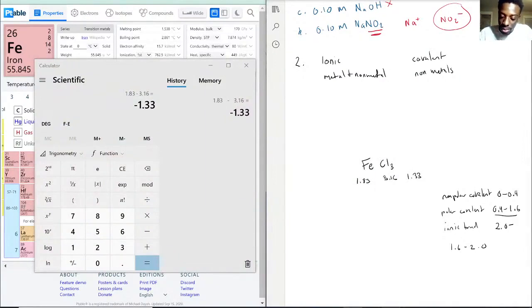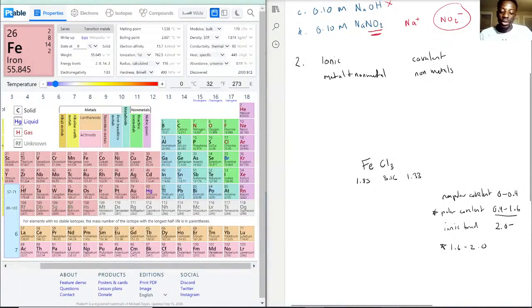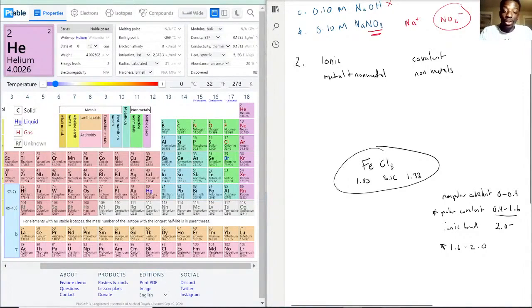So now this is one of those weird scenarios because this polar covalent range and even this rule set does vary, and that is where we have the tricky solutions like these. I'm gonna go ahead and say in this instance that iron chloride is going to be an ionic bond because iron is a metal.